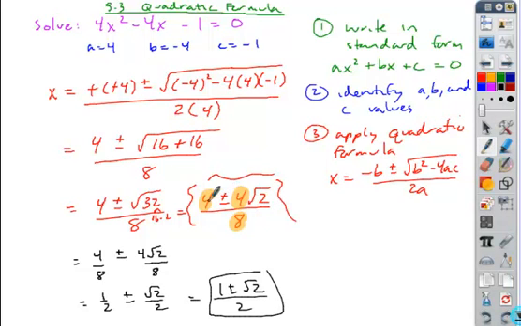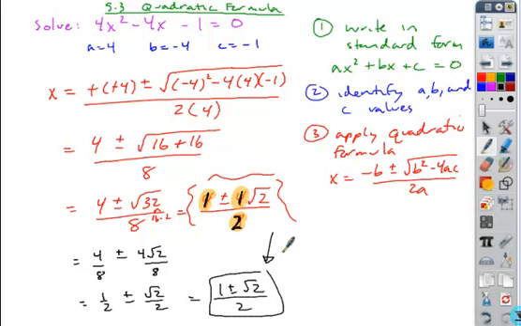So what factors are common between 4, 4, and 8? 4. 4 goes into 4 once, 4 goes into 4 once, 4 goes into 8 twice. And so that reduces down to 1 plus or minus root 2 over 2. Whichever way you choose, just be consistent with it.